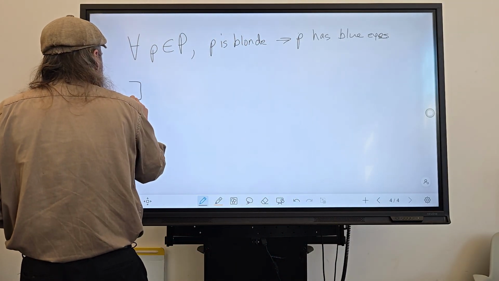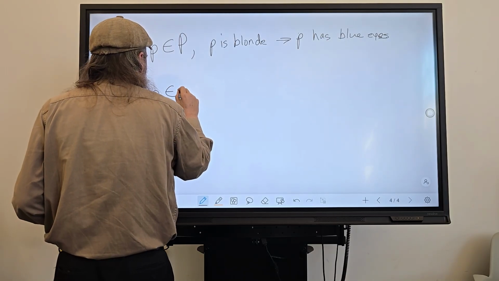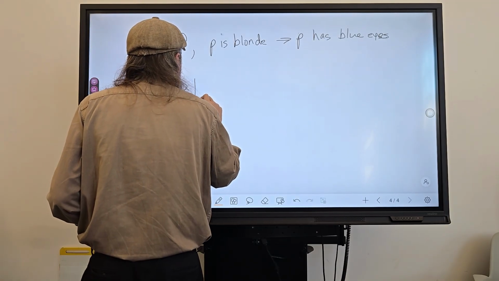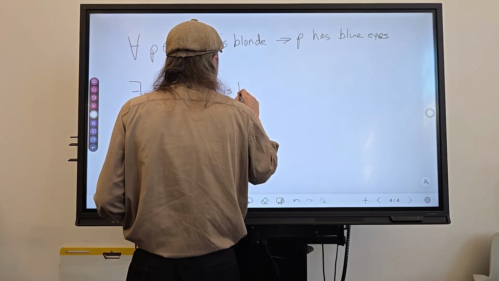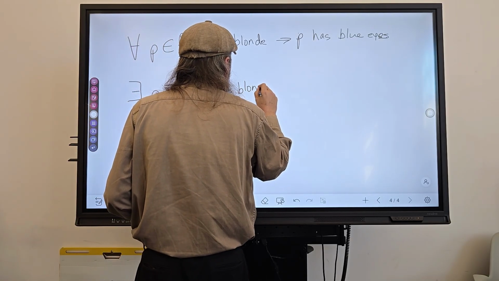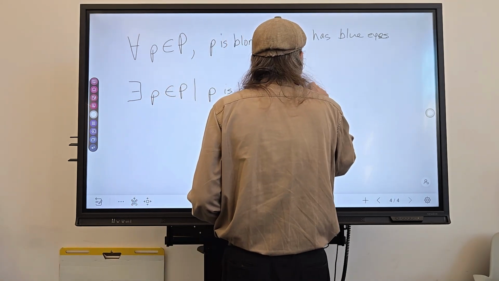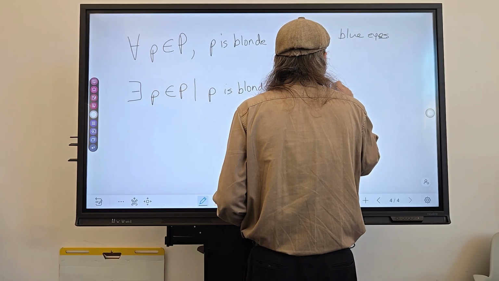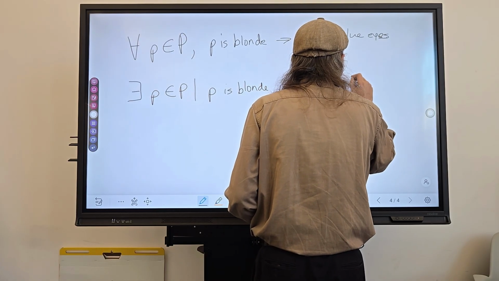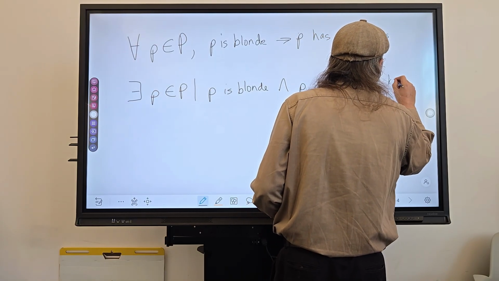There exists a person P such that P is blonde and P does not have blue eyes.